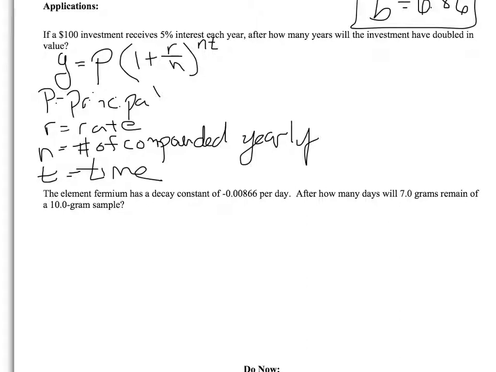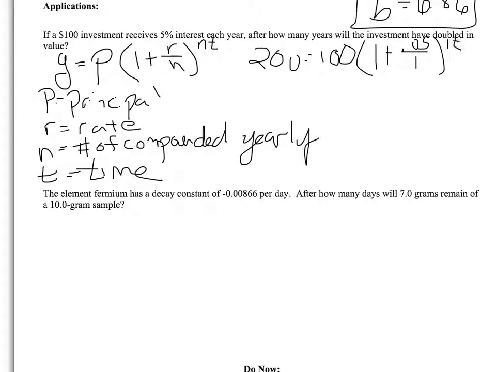Okay, so they're investing $100, that's the principal. We want it to double, so the y, that's the ending amount, is going to be 200 equals 100 for the principal times 1 plus my rate, 5%, as a decimal it's 0.05, and it's compounded annually, so that means once a year, so over 1, to the 1t power.